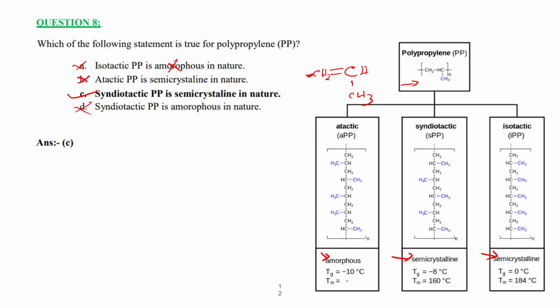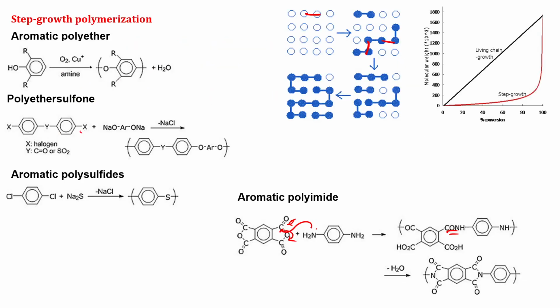It is important because it ultimately leads to different properties of your material. This structure varies, and that dictates how your molecule would behave. So that's the reason tacticity is important.